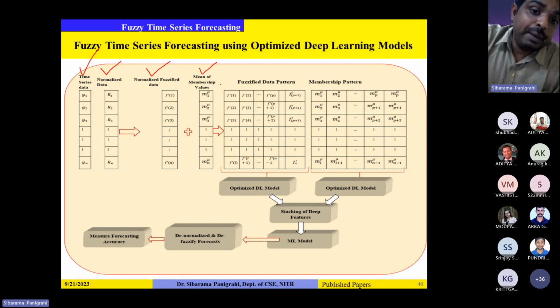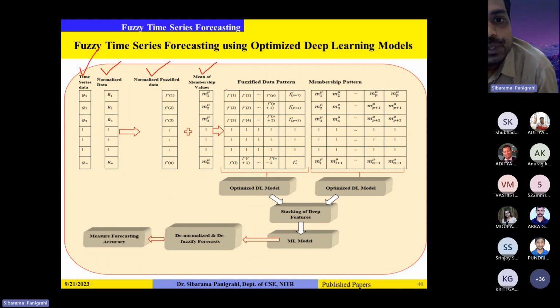That will be the input dimension. So the complexity of the model will be drastically increased. So in order to make the model simplified, instead of considering all membership values, we have considered the mean of the membership values. So still we can have the membership value fragments along with the original data elements.